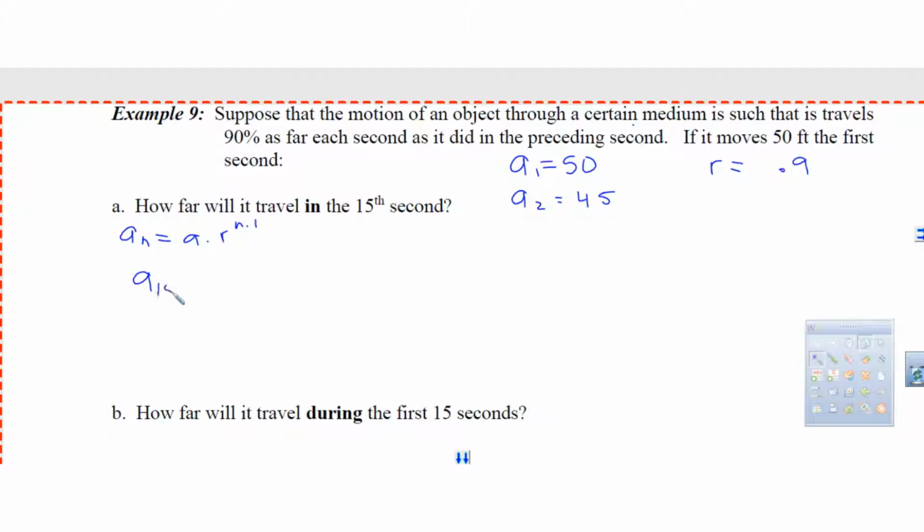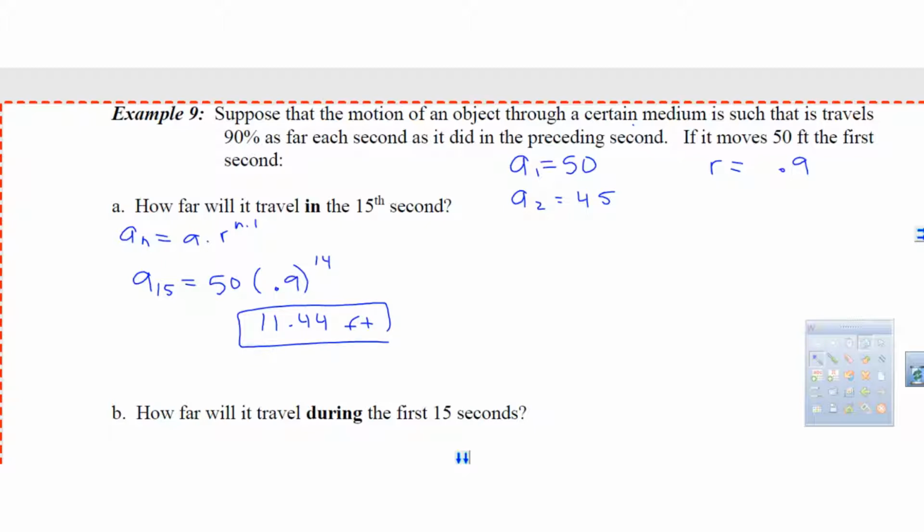So that's A sub 15 is the first second, which is 50, times the ratio, which is 0.9, raised to the 14th. So everybody go 50 parenthesis 0.9, close it, raise it to the 14th, and you get 11. Let's go 2 digits, 11.44. Okay, and the directions would tell you to round. You would never round unless they tell you, and this would be feet.